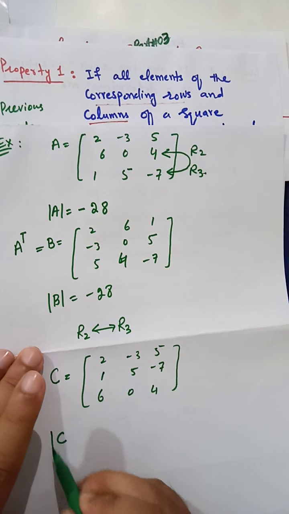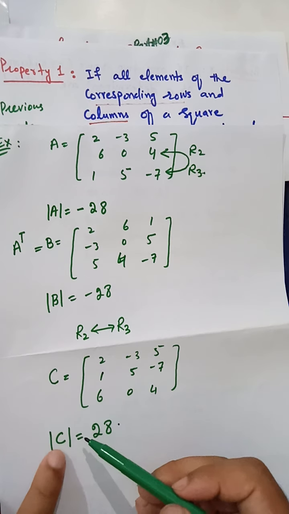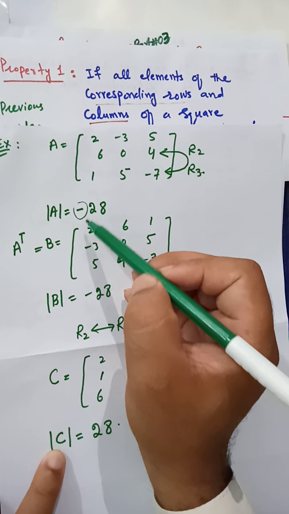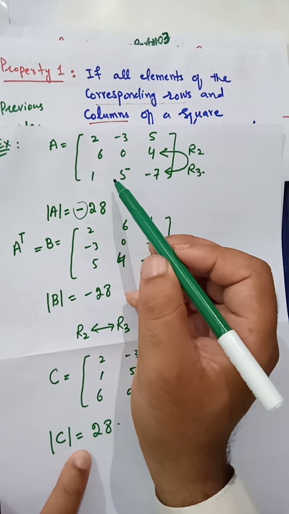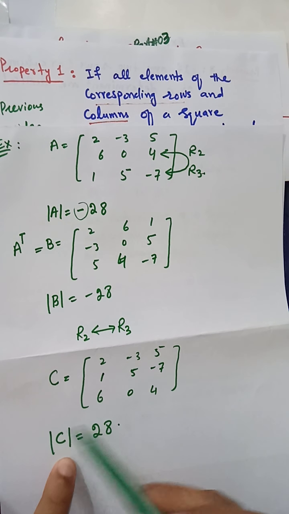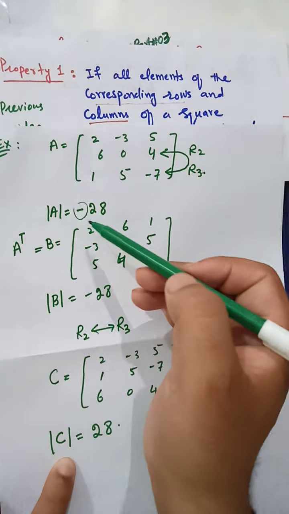The determinant of this matrix will be equal to plus 28. There will be only a difference of sign in the determinant. If the determinant of the original is minus 28, then the determinant after interchanging any two rows or columns will be plus 28.